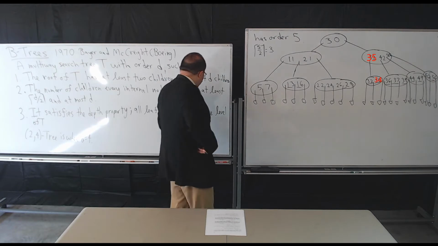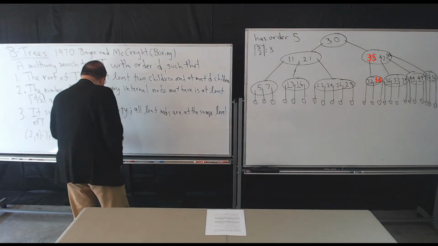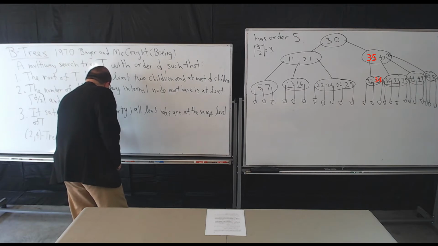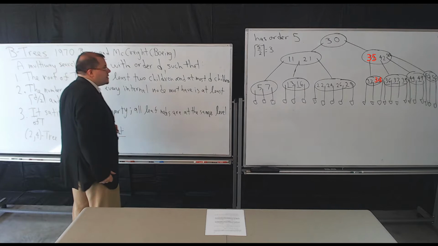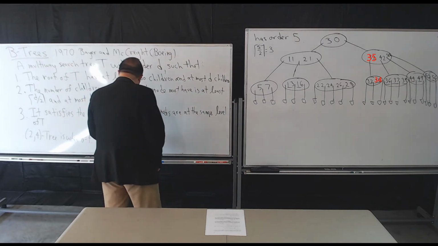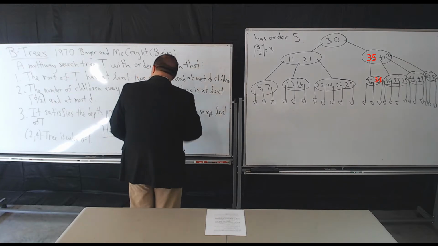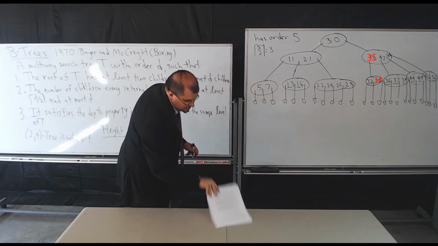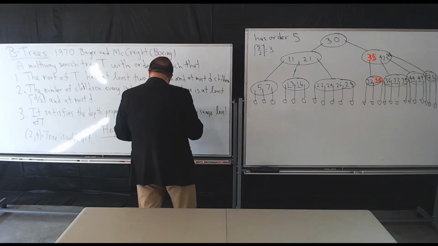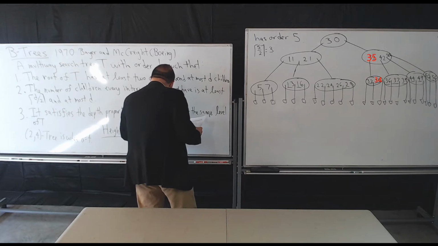Okay, so the first thing I need to bring up is the height of a B tree. I'm not going to prove it here. The proof is similar to the one that I gave you for a 2-4 tree. You can prove that the height of an arbitrary B tree with the given order D is log base D of n.